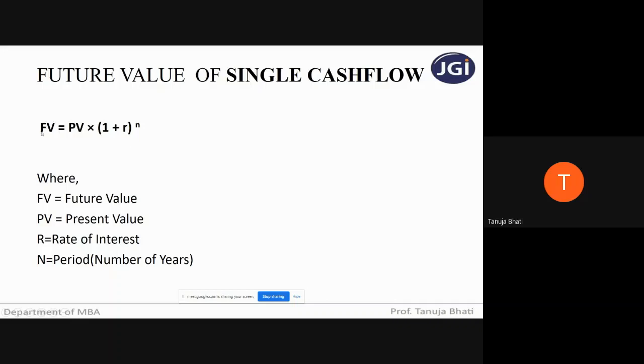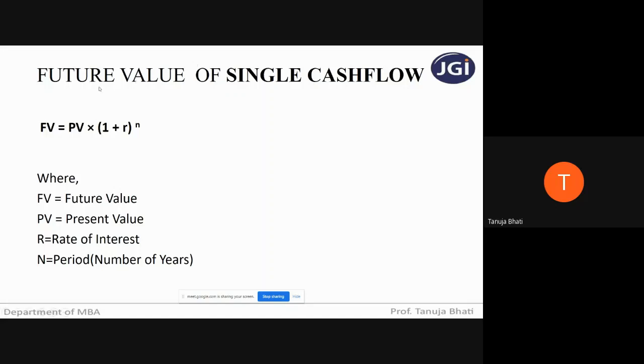It is nothing but future value is equal to present value times the bracket 1 plus r raised to n. Future value is also denoted by the letter A, and present value by the letter P. So this formula is the same as we saw for finding the compounded amount in compound interest.